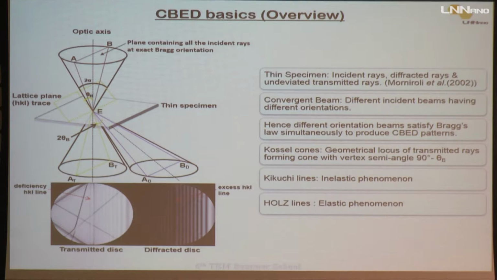And the Kossel cones, which are called the geometrical locus of transmitted rays, form a cone with vertex angle pi/2 minus theta b, that is the Bragg angle. The Kikuchi lines do have inelastic phenomena, but HOLZ lines are purely elastic, so they are used for understanding the crystal lattice distortions.